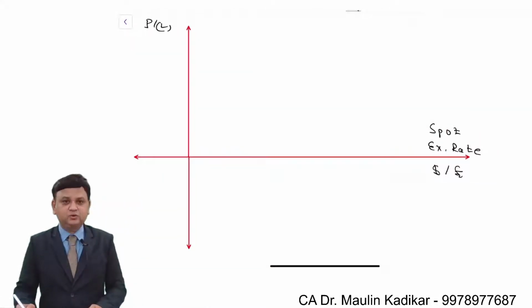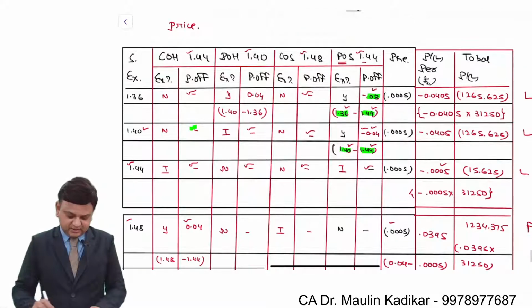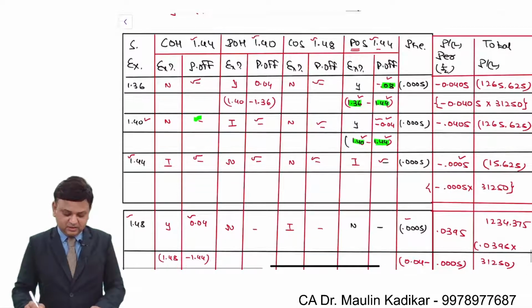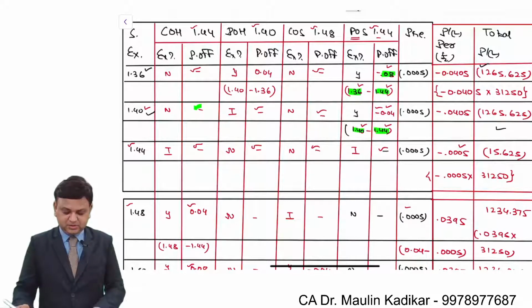Let us see how to draw the diagram. We can see that when the spot exchange rate is 1.36, there is a loss. For 1.40, again there is a loss. So logically we understand like this.